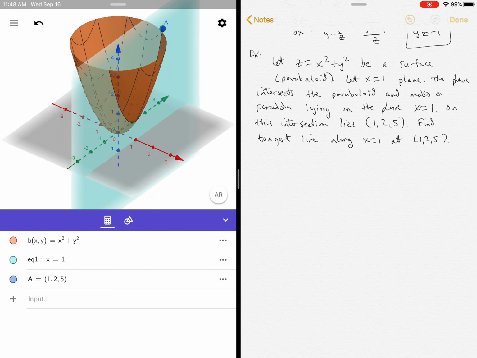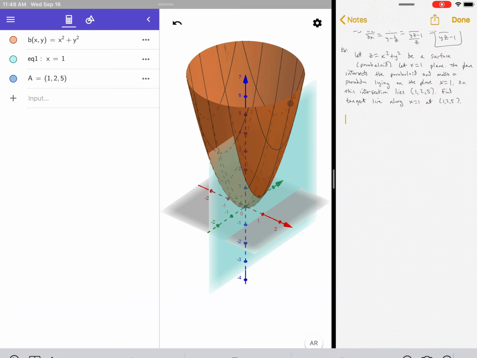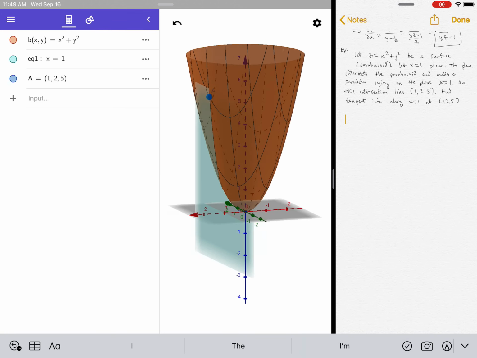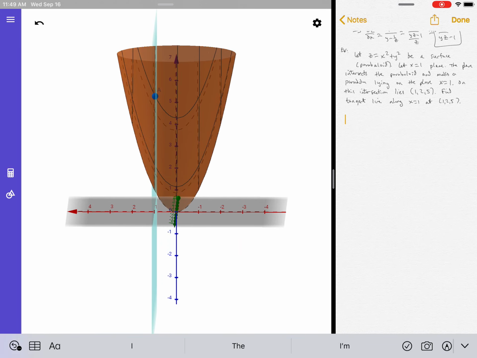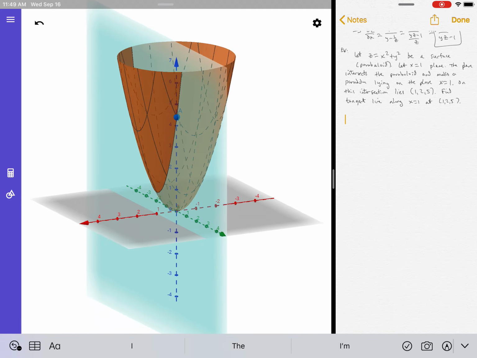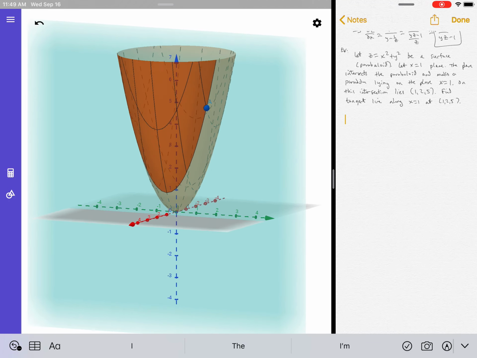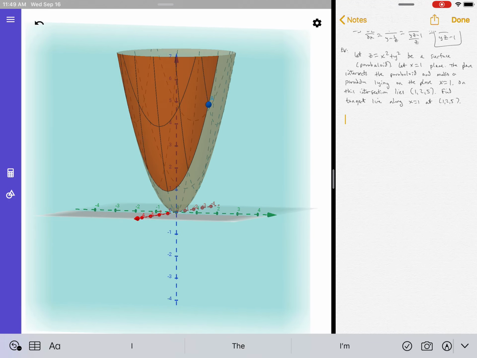If you look at that, you see there's the paraboloid, and then that blue thing is the plane. And along that plane where it cuts the paraboloid, there's the point (1, 2, 5). It's in blue. And the idea is there's a tangent line through that point that we want to find, and we will find it.